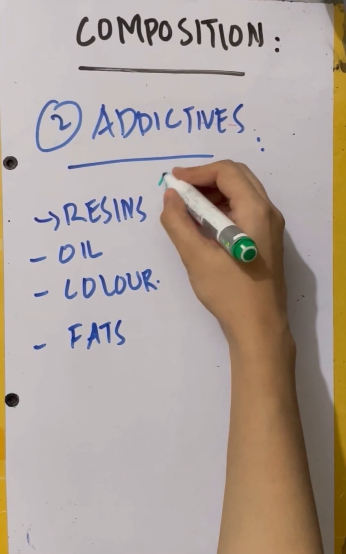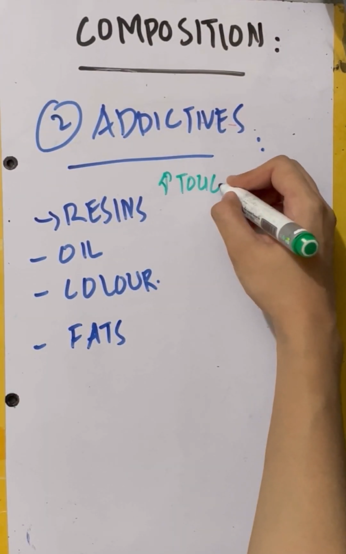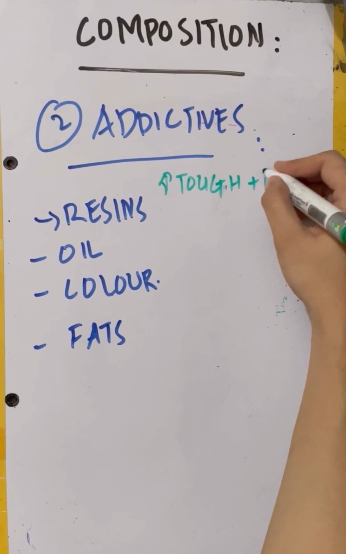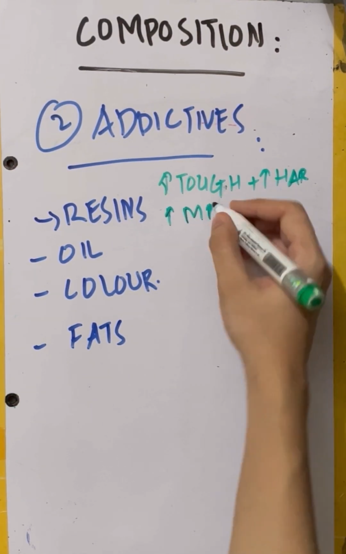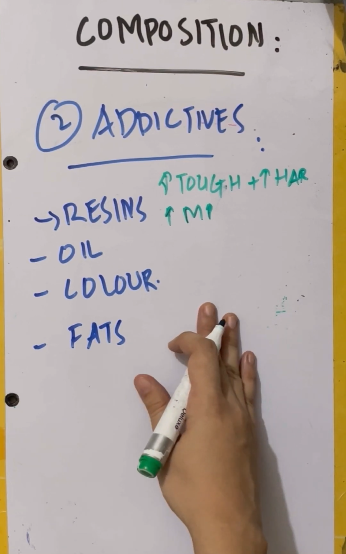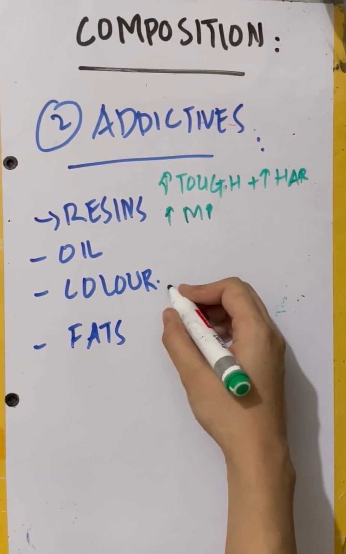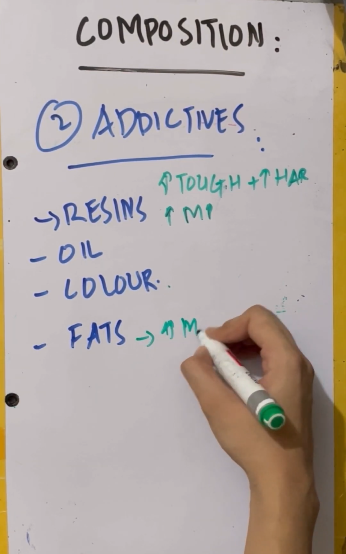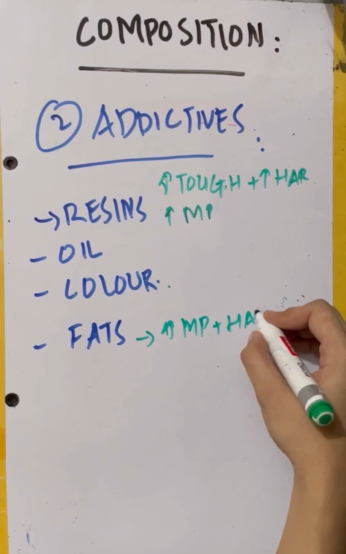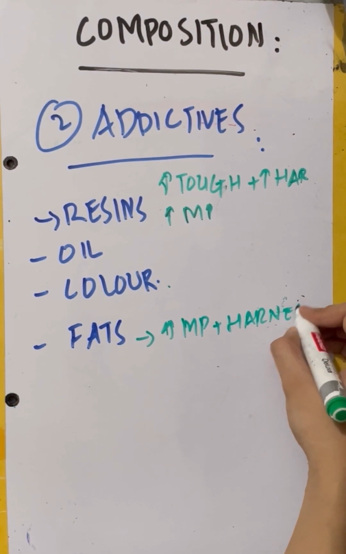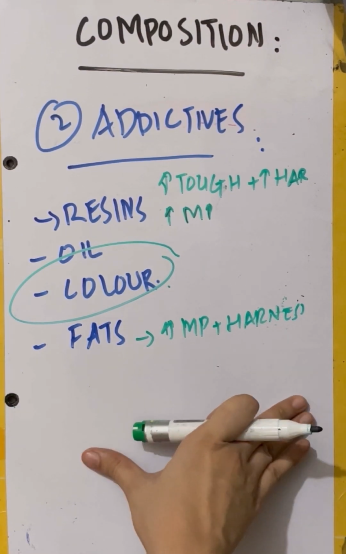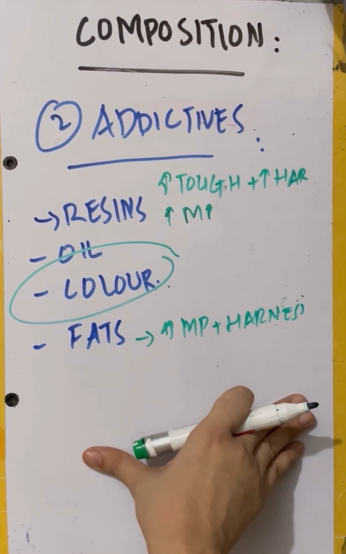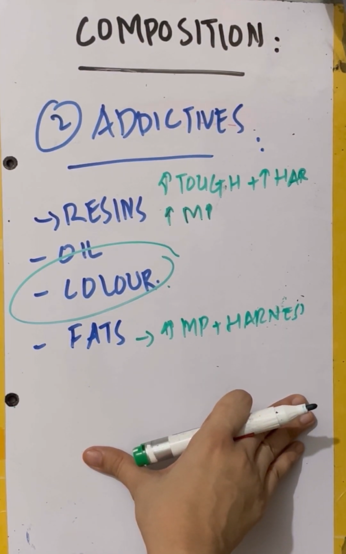The resins increase the toughness, the hardness and the melting point. Then what do the fats do? Fats also increase the melting point and the hardness. And colors are to give different pigments to the wax. We blend these additives to the natural wax to produce the required properties.